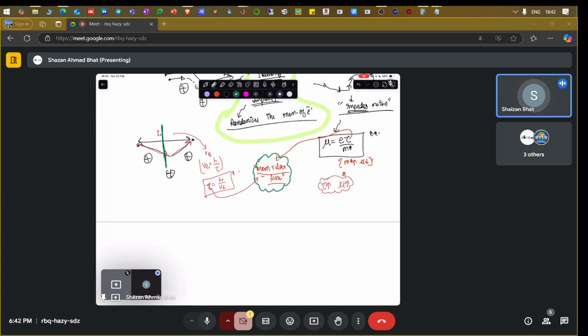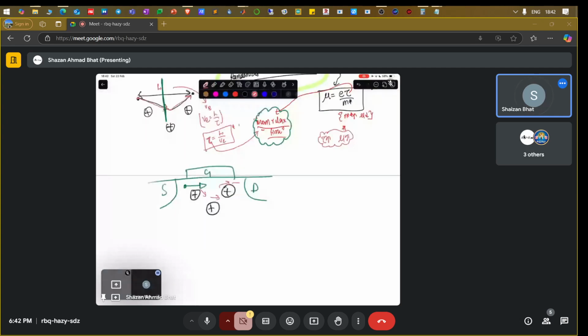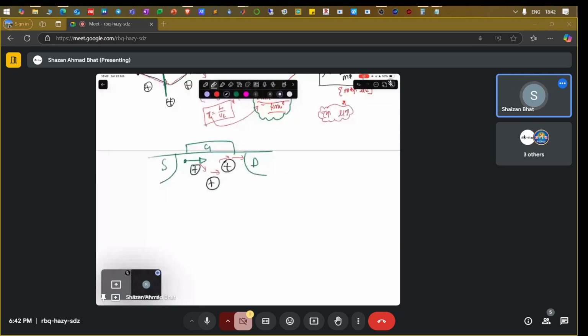Let's say you have a source, you have a drain, and the electron is moving in the channel like this, and this is a gate. Let's say there is one positive ion here, one here, another here. If the electron moves in this fashion, it has undergone multiple scattering events. Now let's say you have made it such that you have only one positive ion here.